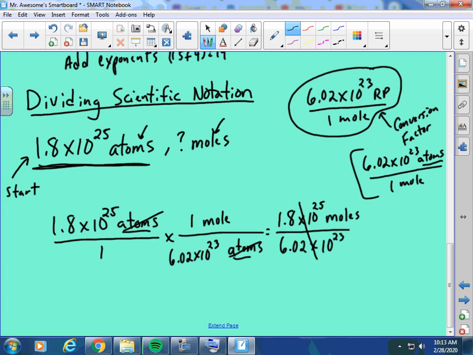So I'm going to take 1.8, divide by 6.02, and I get 0.299. So I just divided the front part normally. Next step is you're still going to have to write times 10.